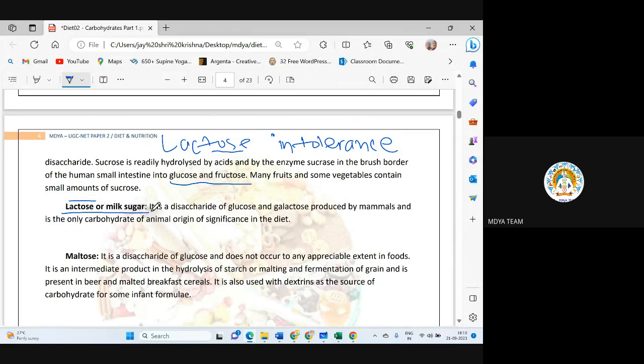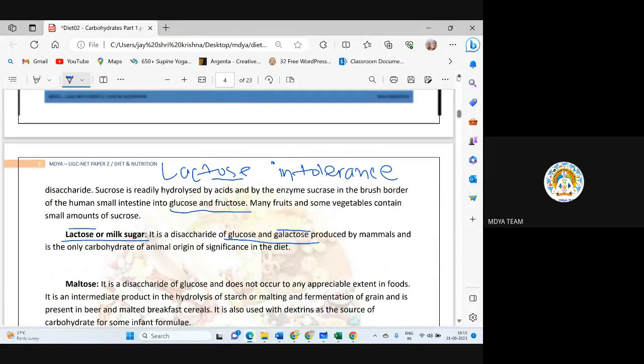as sugar. So lactose is a disaccharide of glucose and galactose. When we drink milk, the lactose sugar of milk is digested into glucose and galactose. In yesterday's class, we talked about this galactose. So what's the point?